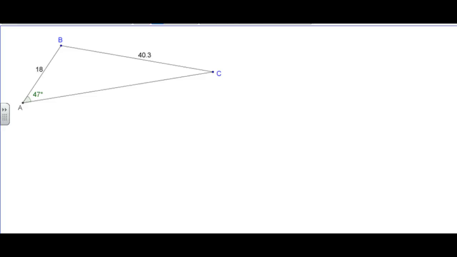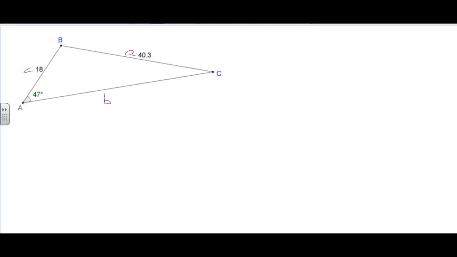What do we want to find here? I don't know what we want to find here. So we can solve the entire triangle, right? We've got a known pair. Okay, so we've got little a and angle A. This is little c, this is little b.